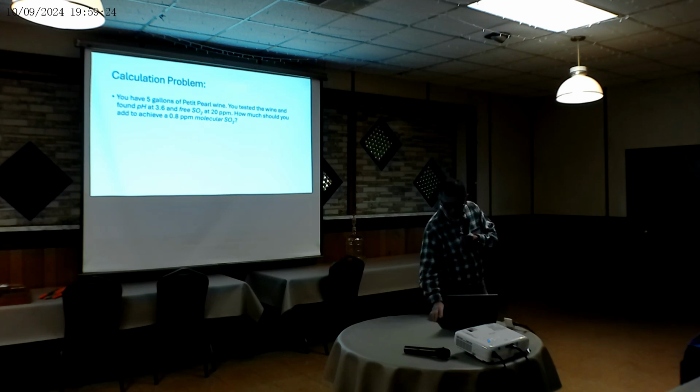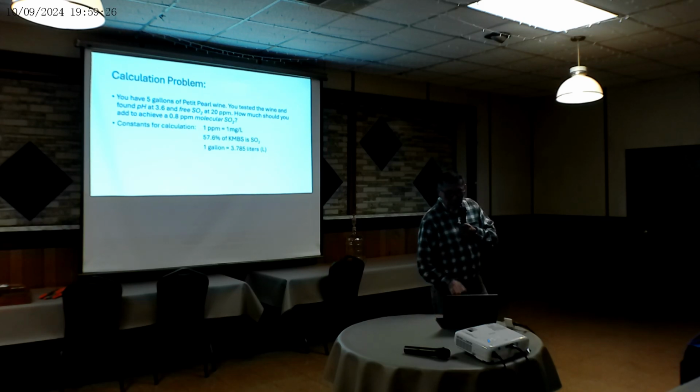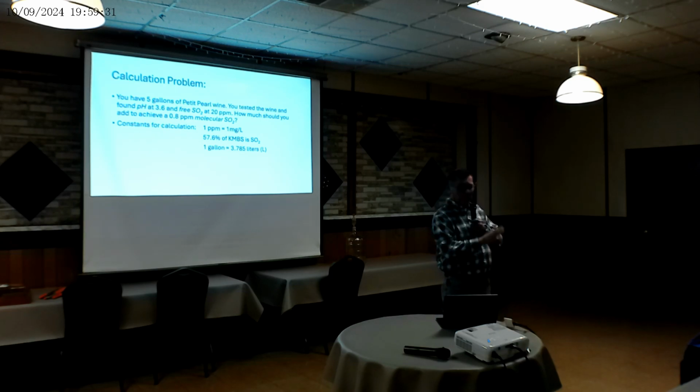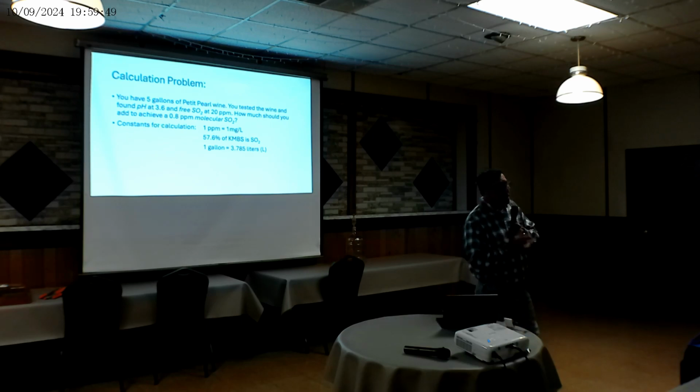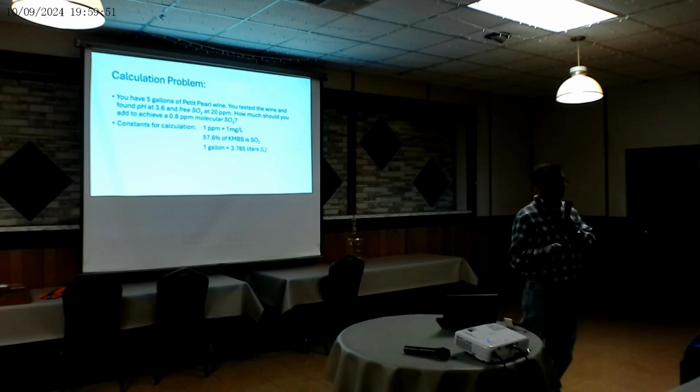Before we do the calculation, there are some constants, and these are useful numbers to have in your back pocket. I find them very useful. 1 ppm is the same as 1 milligram per liter. Also, 57.6% of potassium metabisulfite is SO2.